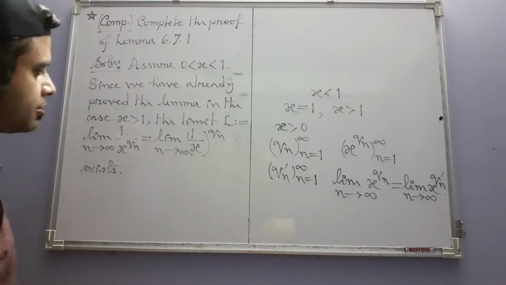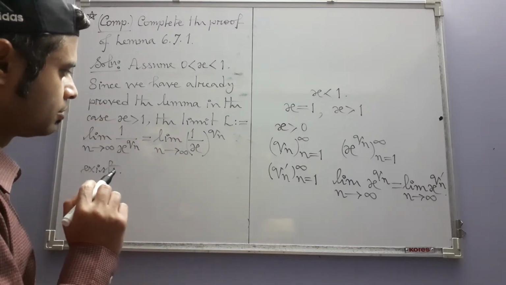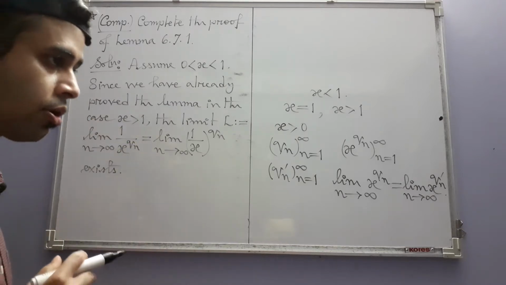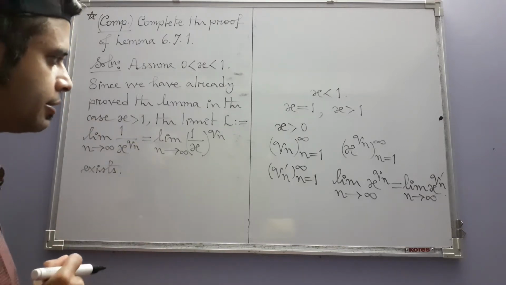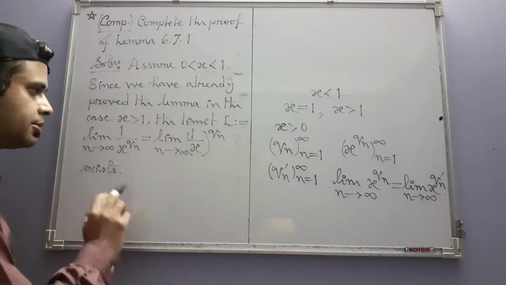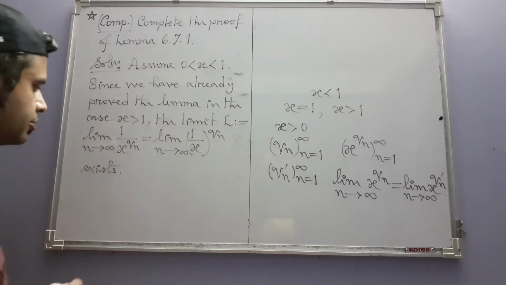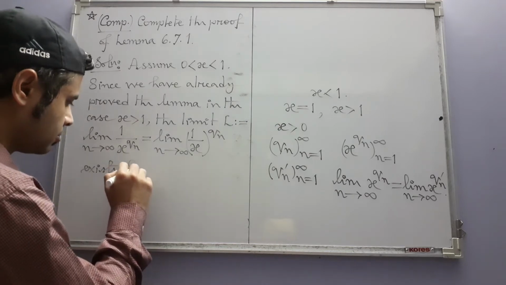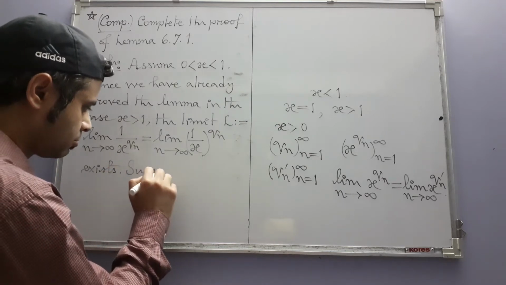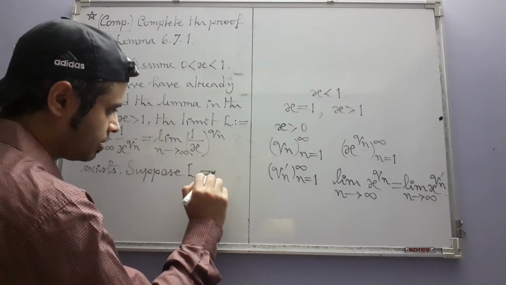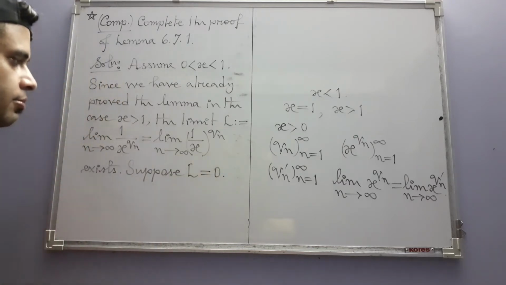Now our aim is to show that this limit L is not equal to 0, and this we will do by supposing that L is 0 and then getting a contradiction. So suppose L is equal to 0.